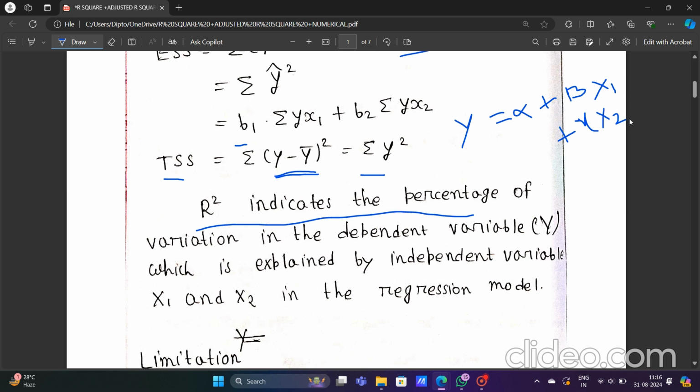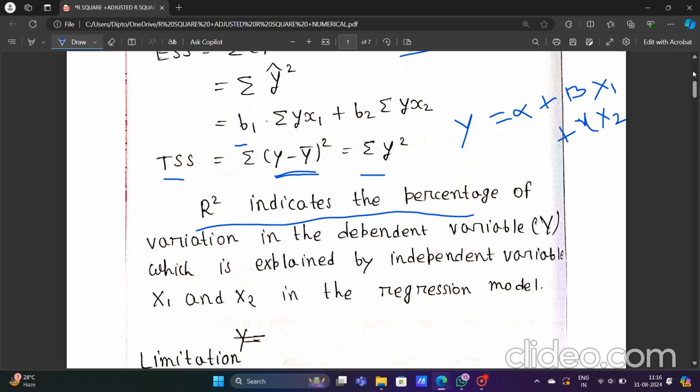If there are more independent variables, then R square is going to tell us the variation of that also. If there are three independent variables in the model, that is x1, x2 and x3, then the value of R square is going to tell me how much variation of y can be explained by x1, x2 and x3.